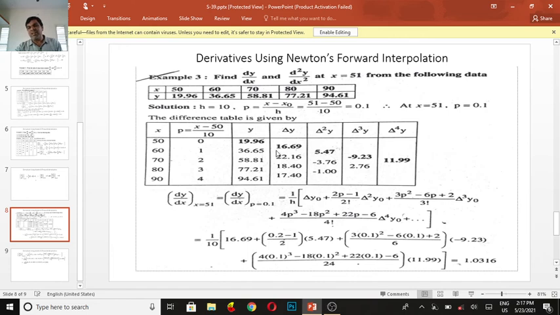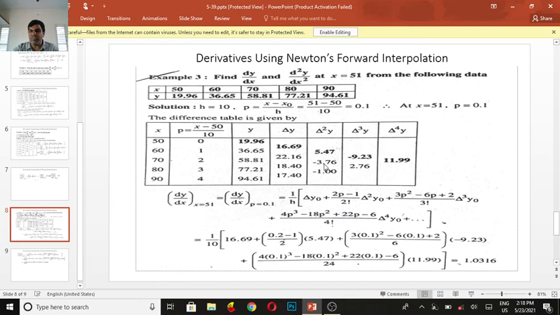We come to the second order, del square y. 22.16 minus 16.69, we get 5.47. Again 18.40 minus 22.16, we get minus 3.76. Again 17.40 minus 18.40, we get minus 1.